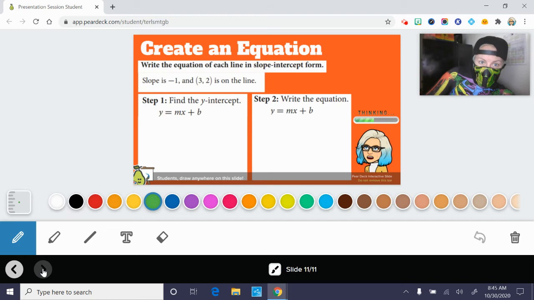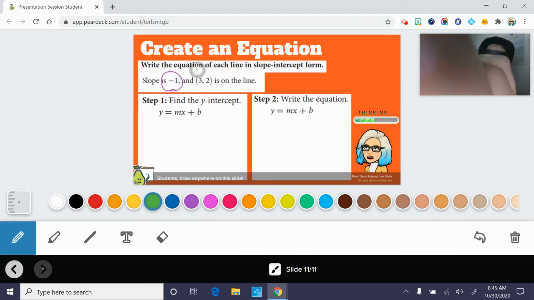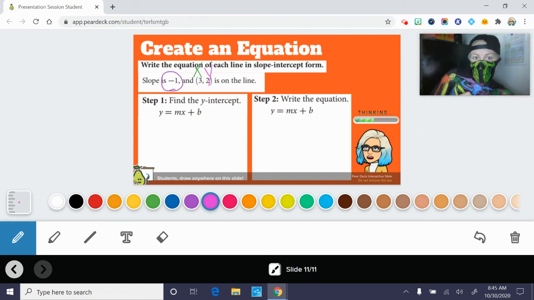Okay, so in this case, let's use some color coding. My slope is -1. My x value is 3. My y value is 2. And so I'm going to find the y-intercept by substituting all this stuff into slope-intercept form.